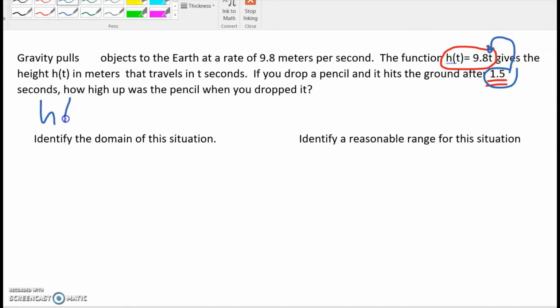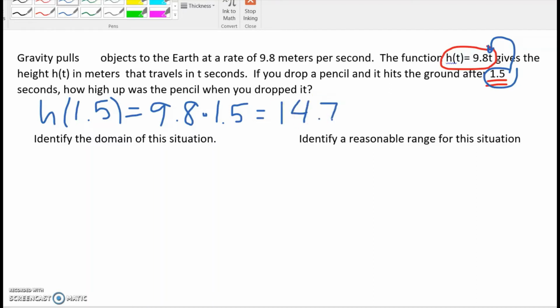So to find the height after 1.5 seconds, we would take 9.8 and multiply it by 1.5. And that is going to give us 14.7.